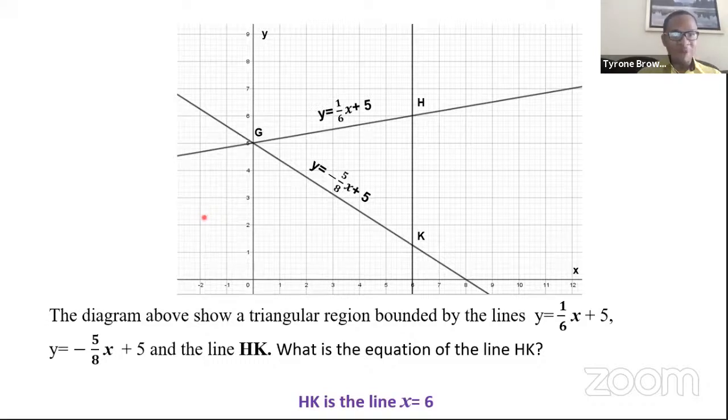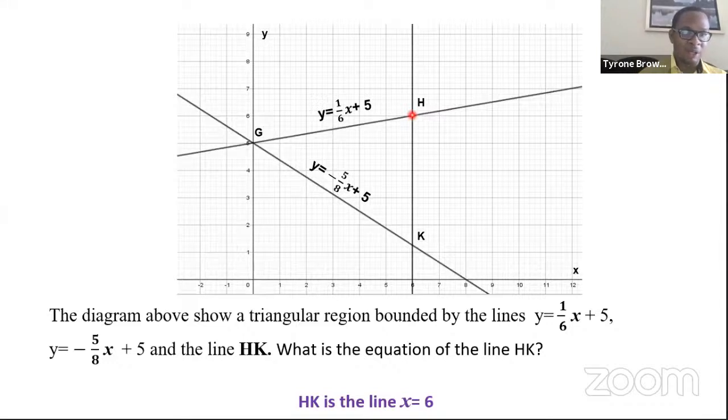So you would have done some analysis here. We'd have had 6, 0, 6, 4, and 6, 6. Can you tell me what you would have noticed in terms of what is common to all of those coordinates?